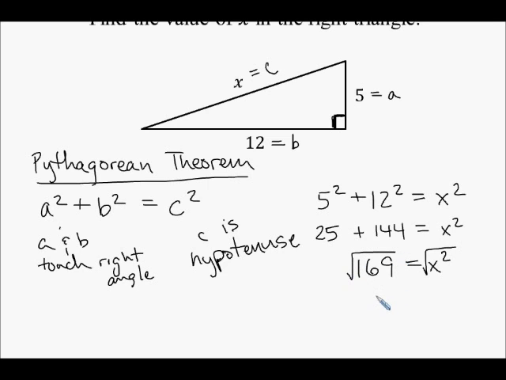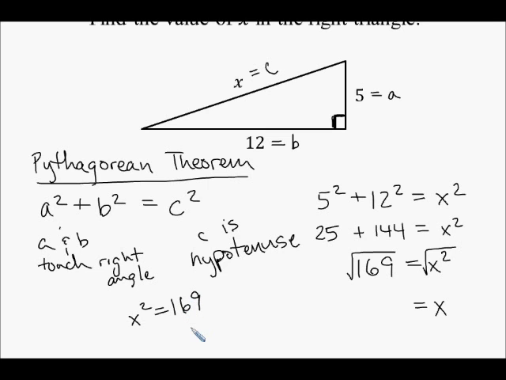Okay? Now there's a particular thing here. When we square root a square, that's going to cancel. That gives us x. But now think about it: if x squared gives us 169, well, it could be a positive number, right? A positive times a positive would give us 169, but it could also be a negative number. A negative times a negative still gives us a positive number, so we could have a negative number times a negative number giving us a positive 169 here.